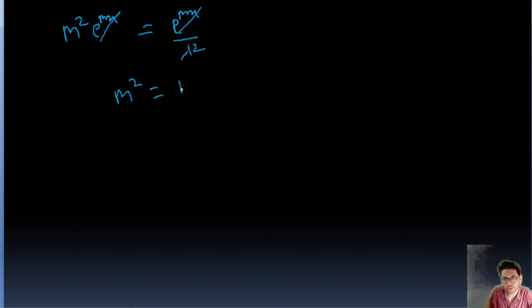So m square equal to 1 upon lambda square, that implies the value of m equal to plus minus 1 upon lambda. So from here we have got the value of m, right?